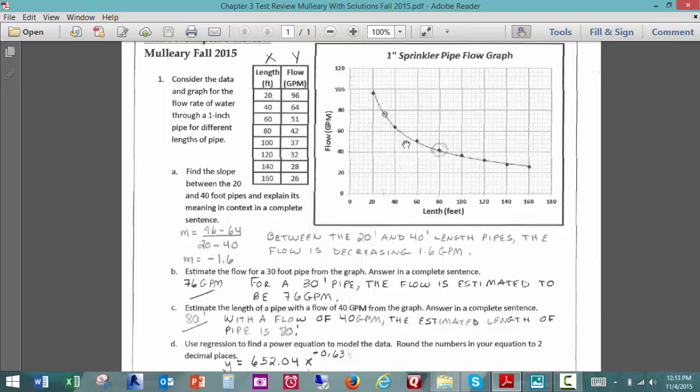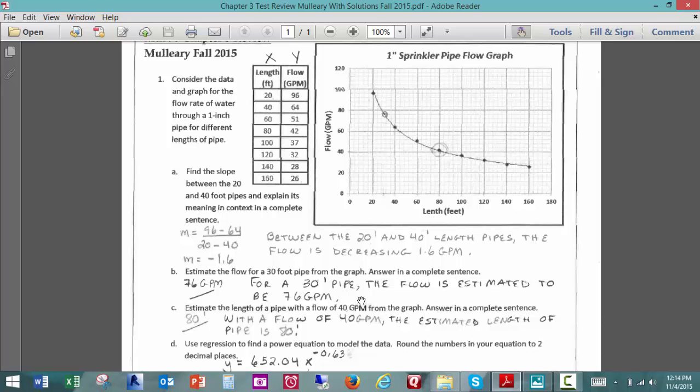So I come right up the middle, and I come across, and my estimate was somewhere in the neighborhood of 76. So you need to be able to read these increments over here. It's broken down into 5, so it's increments of 4 gallons for each little jump. So that's my estimate. For a 30-foot pipe, the flow is estimated to be 76 gallons per minute.